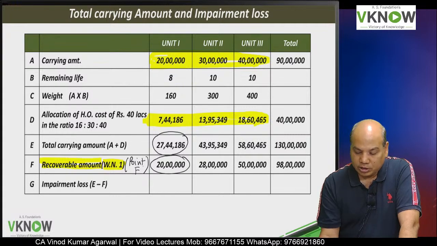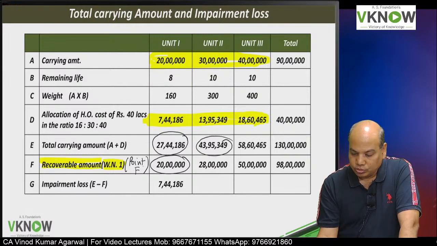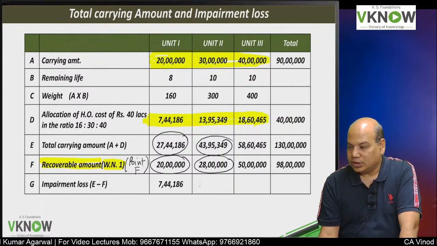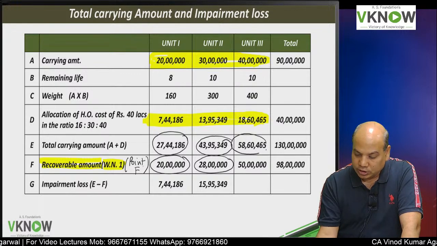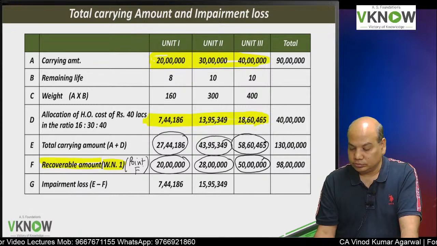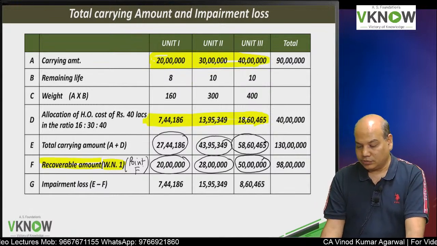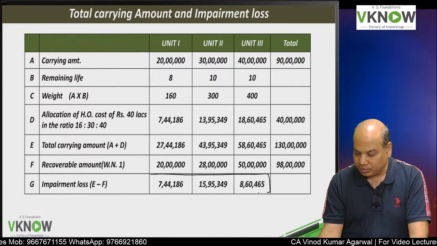So there is impairment loss. 744,186. Unit 2 carrying amount is more. So there is an impairment loss. Take the difference. 15,95,349. Unit 3 there is impairment because carrying amount is more. 8,60,465.